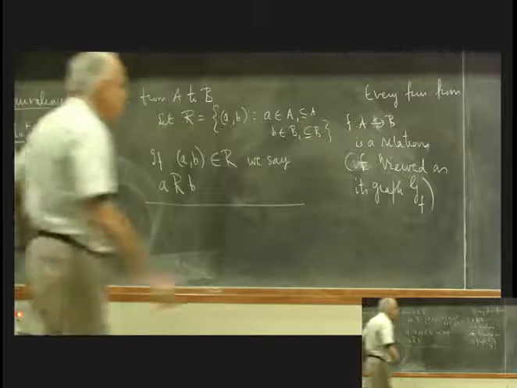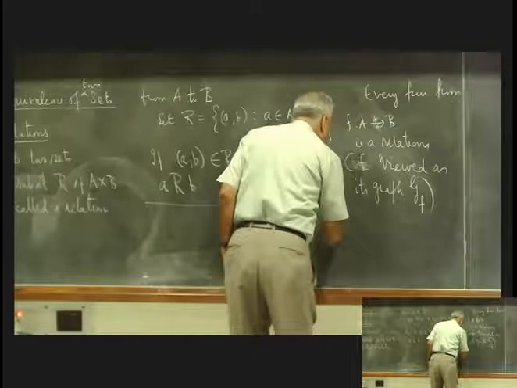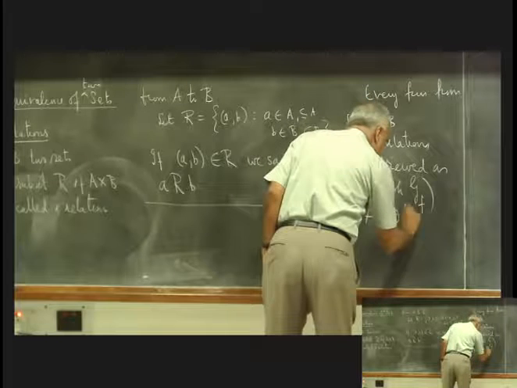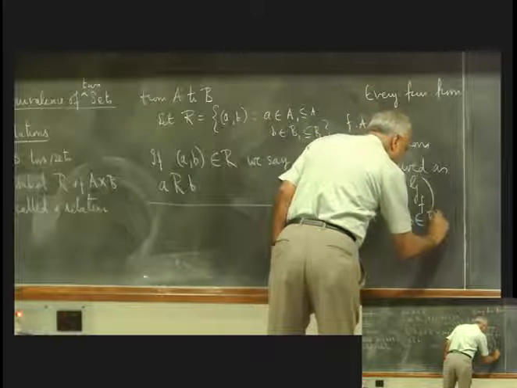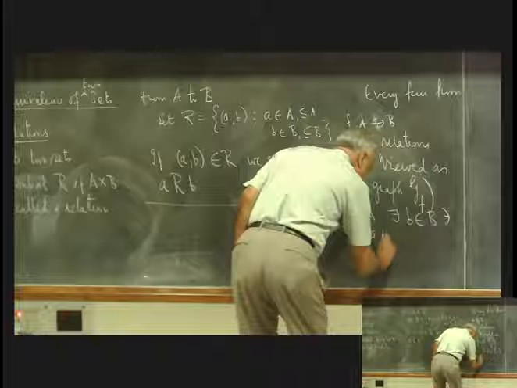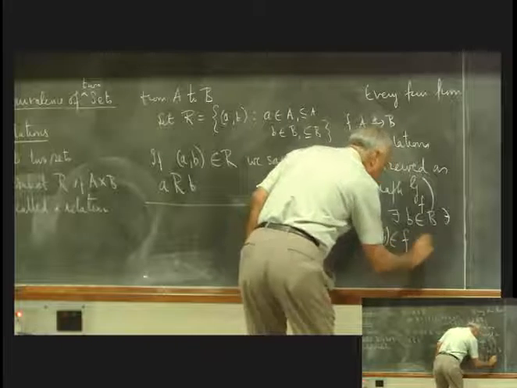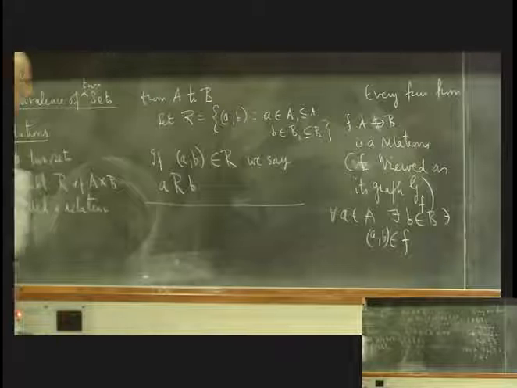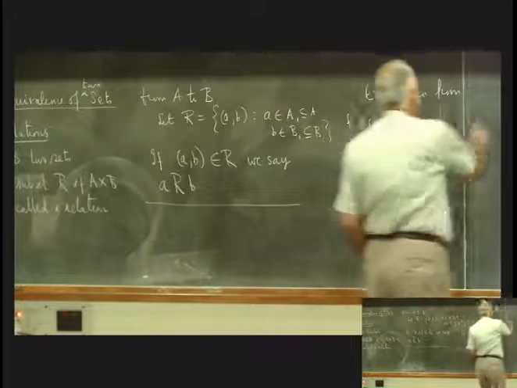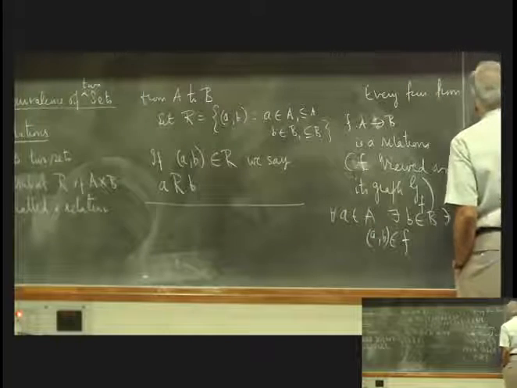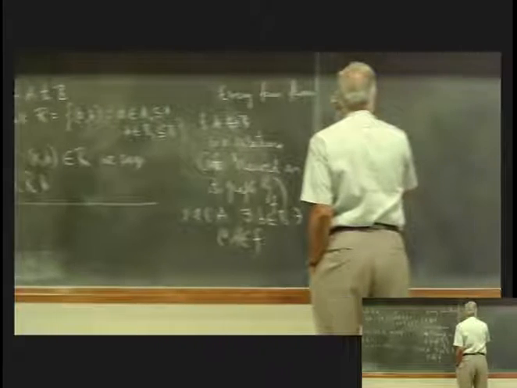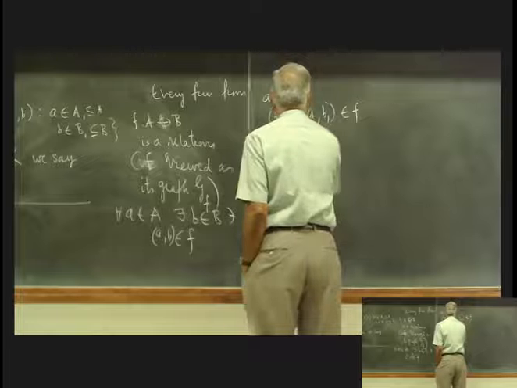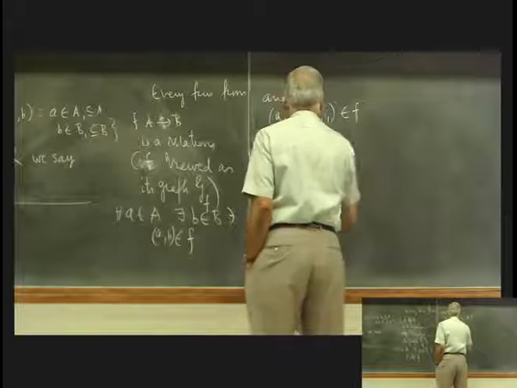Okay, so that means for every a in A, there exists a b in B such that (a, b) belongs to that function f. Now viewing the function as a graph, as a subset of A cross B, (a, b) and (a, b1) belong to f implies b equals b1.